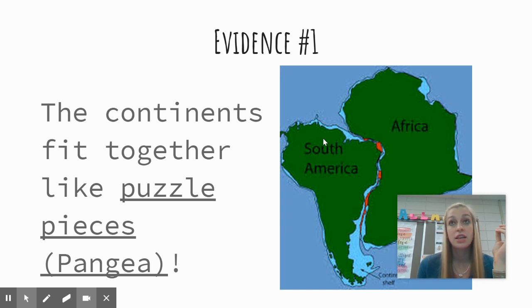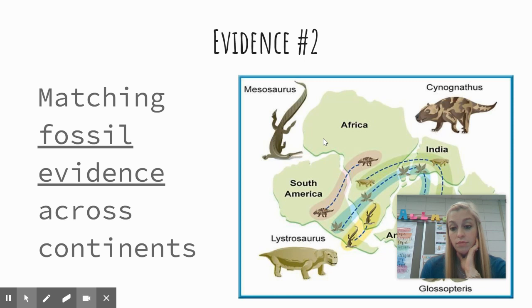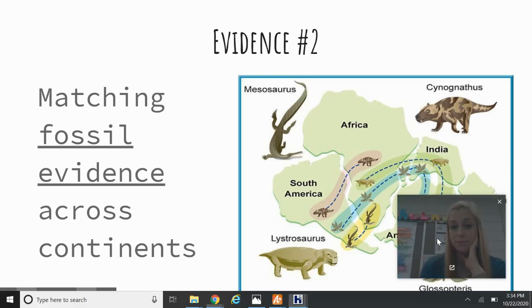In science, whatever your theory is, it has to be proven. So a group of scientists has to agree with you. So you have to have evidence. And right now, this is just a guess. He can't prove that they were together yet. So next piece of evidence. I do think this one's pretty interesting.